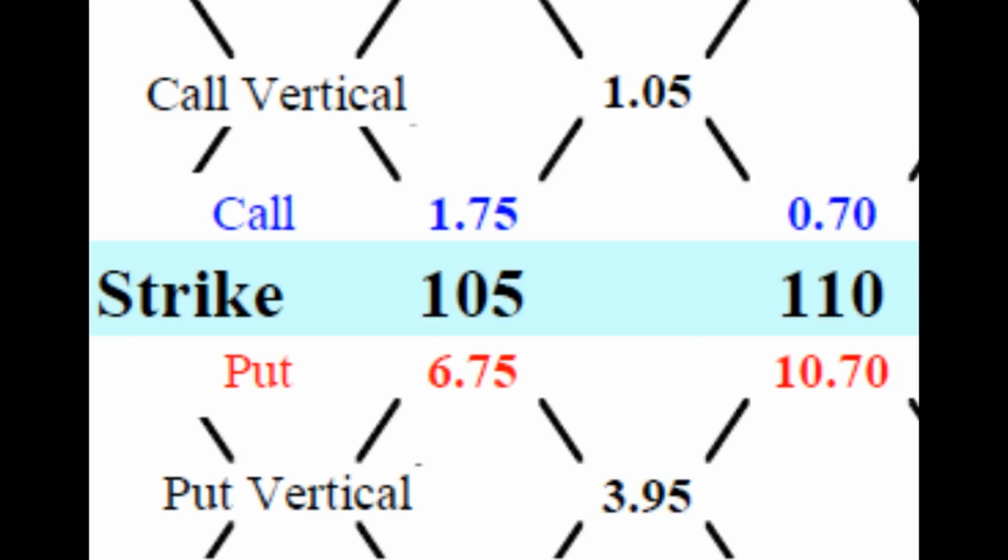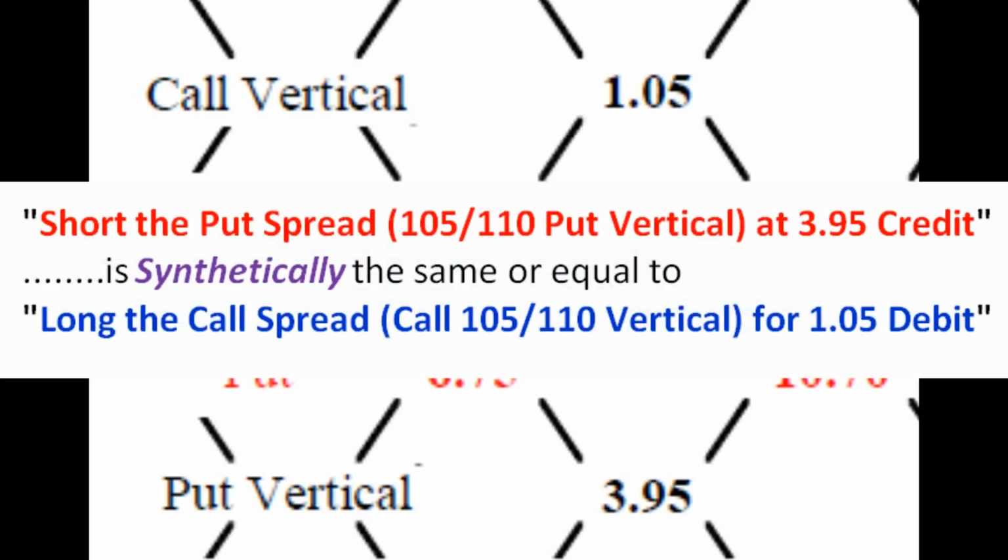Now, I want to express that when I do this credit spread for 395, I immediately say to myself, I am long the call spread for 105. That's how I look at it. I look at the synthetic relationship that's more straightforward.